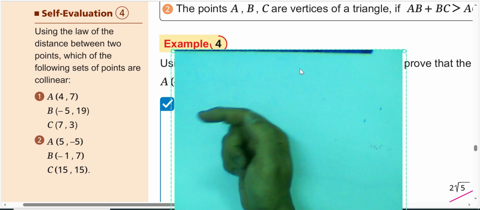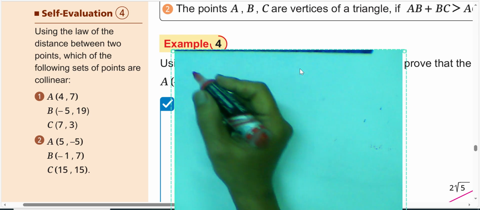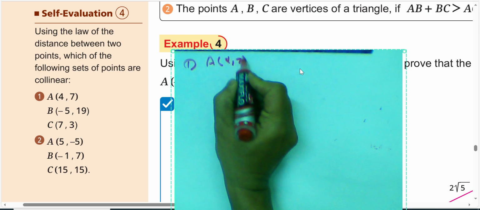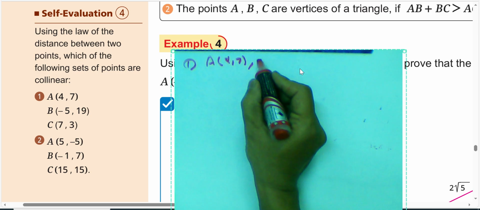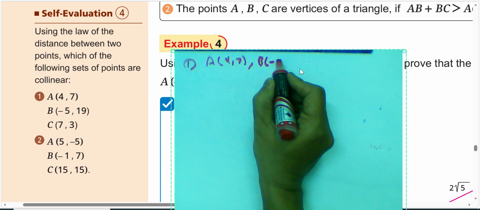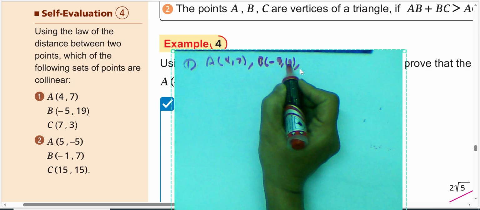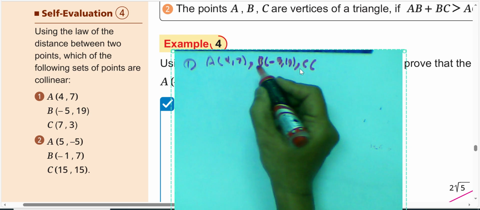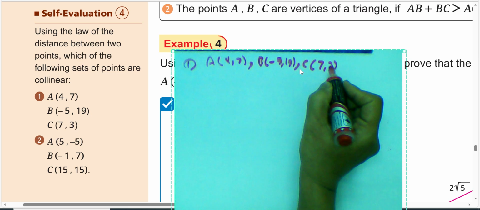This question, on the left-hand side here, is question number 1. Point A is 4 and 7, point B is -5 and 19, and point C is 7 and 3.